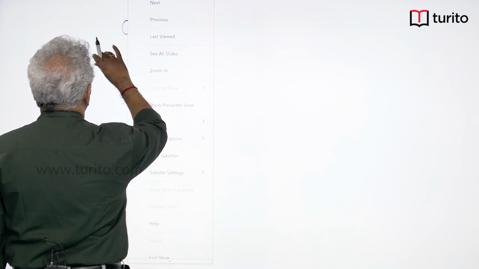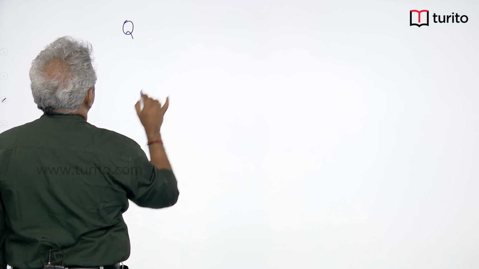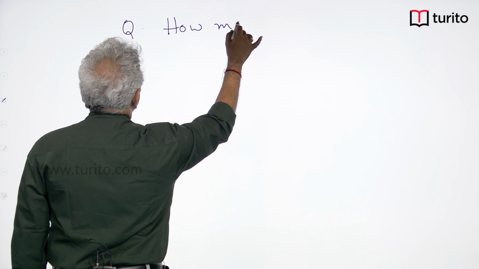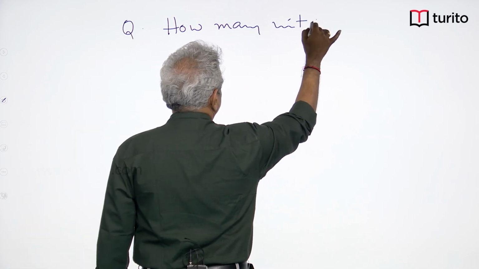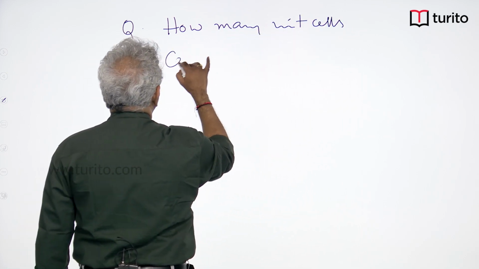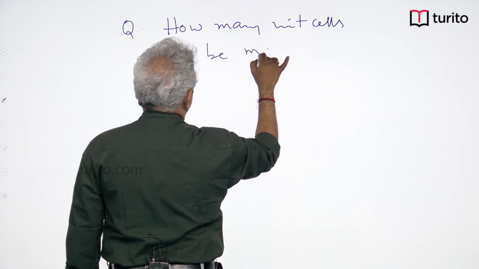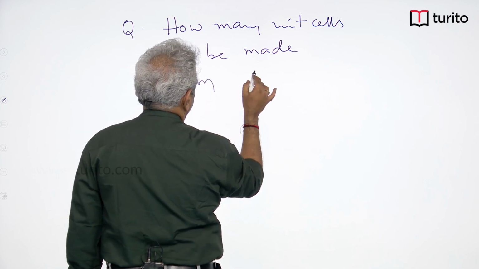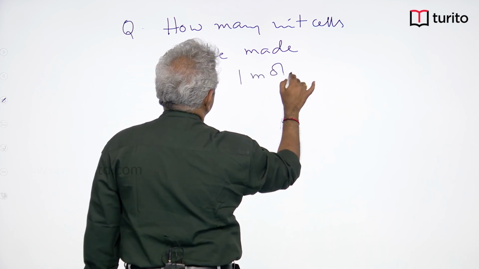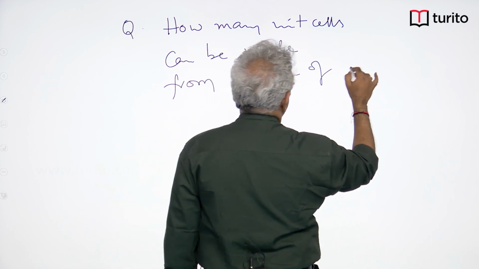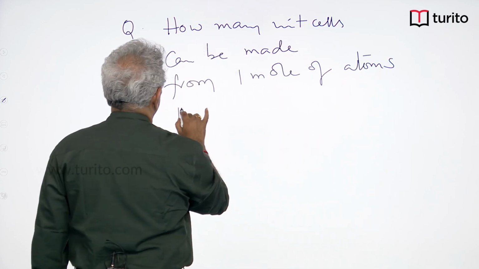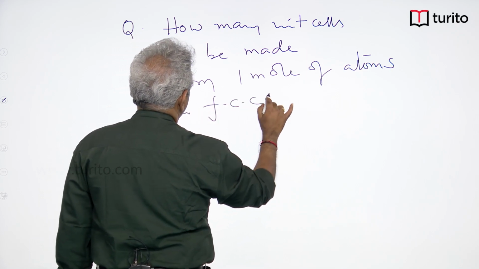Suppose I say, how many unit cells can be made from 1 mole of atoms in FCC manner.